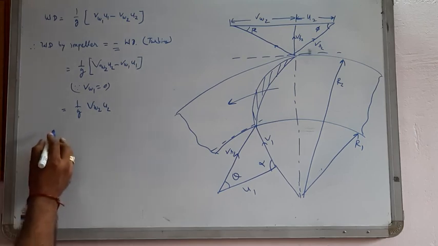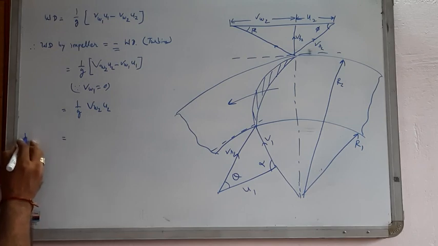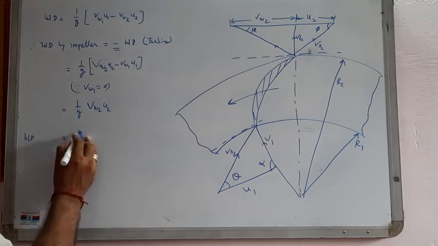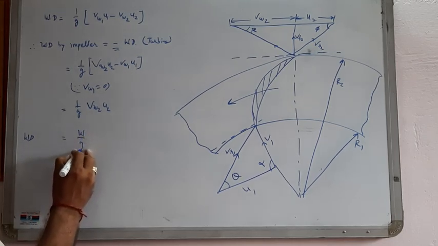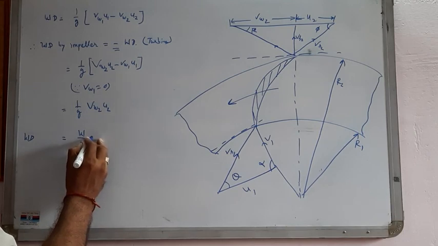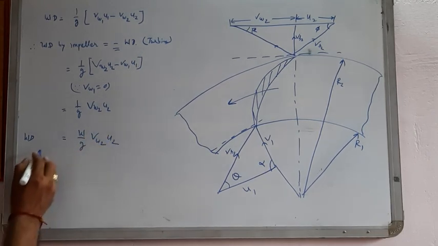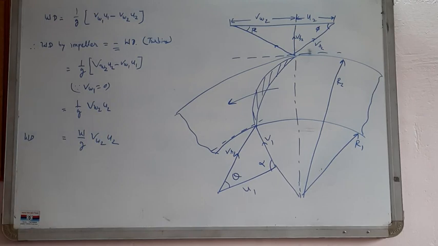It can be written as w by g VW2 U2. This is the work done by impeller on water.